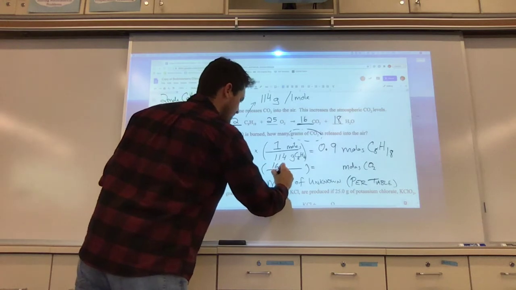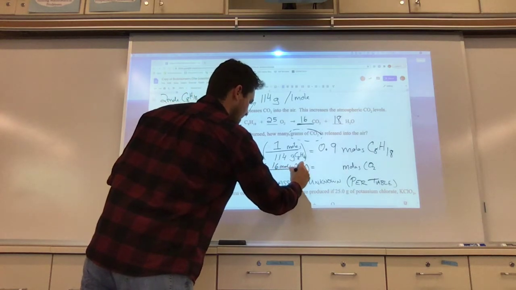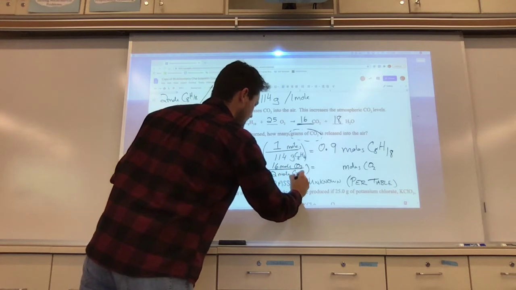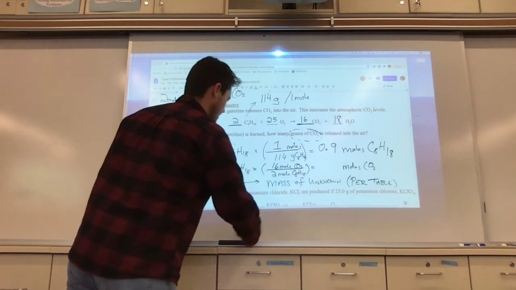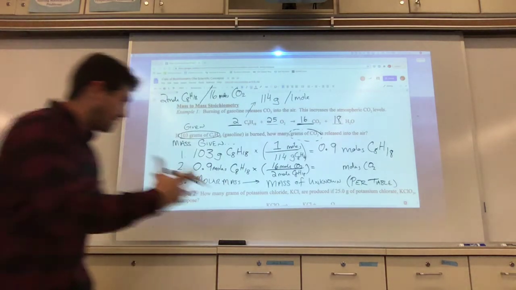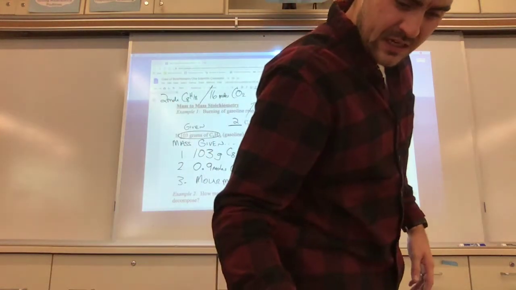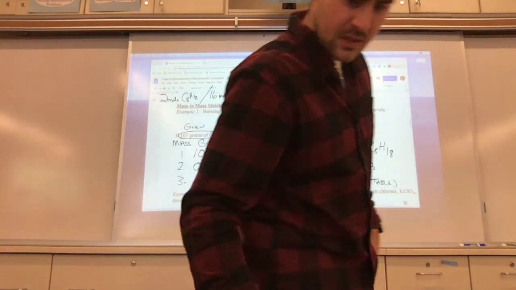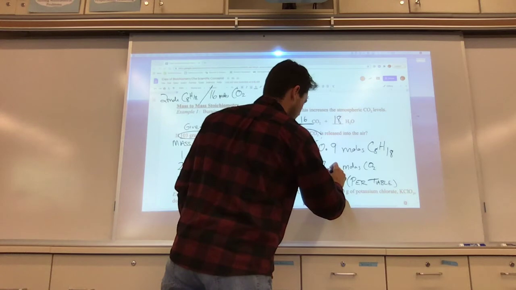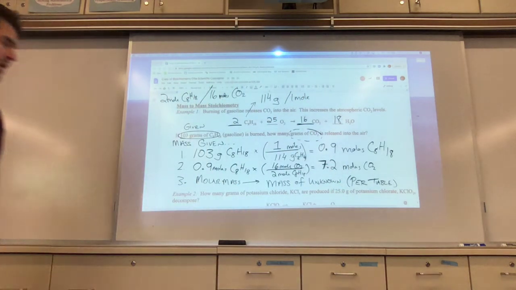I'm going to want 16 moles of CO2 on top and 2 moles of C8H18 down here. Go ahead and do that. It looks like I'm going to actually multiply it by 8 when it's all said and done. I get about 7.2 moles of carbon dioxide.